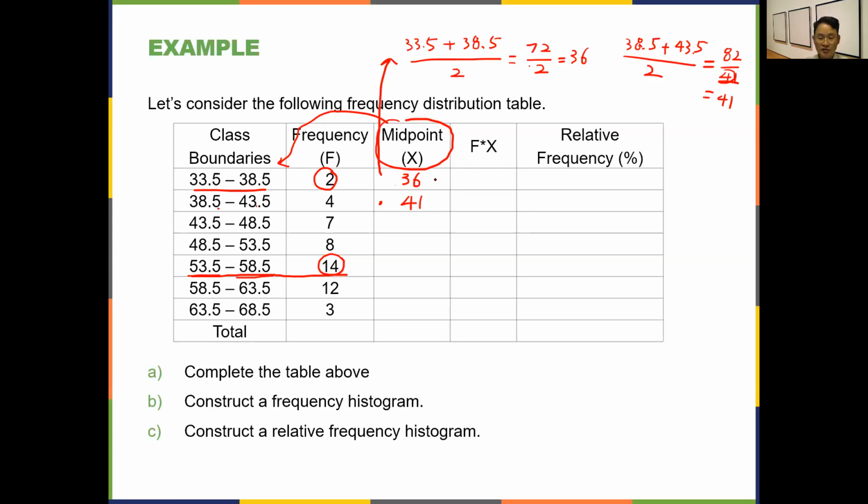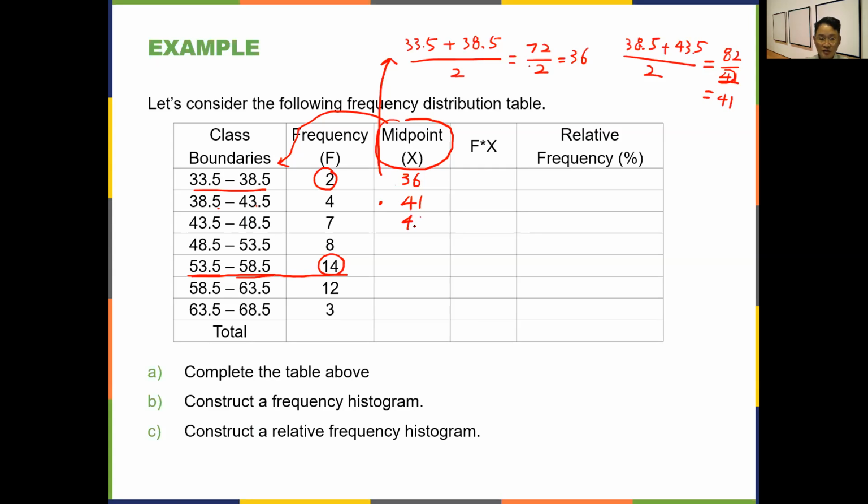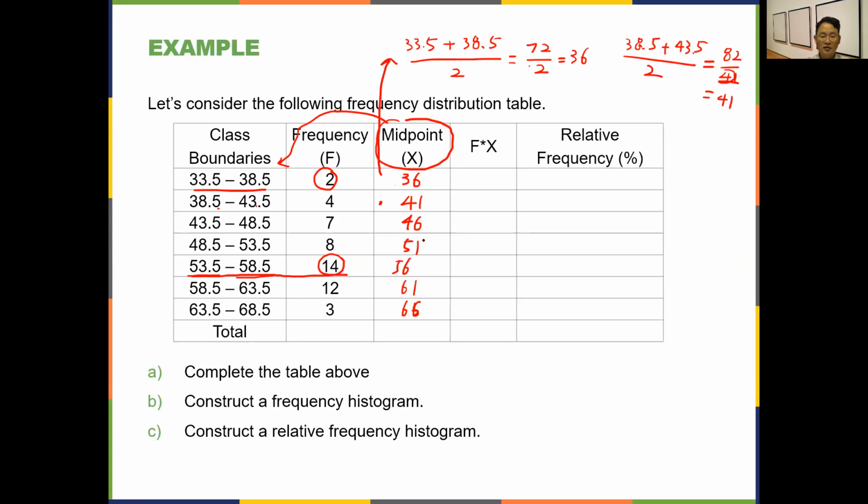And if I just cheat a little bit, this is going to be 46, 51, 56, 61, and 66. Just like that, right? Okay. Now there's also a total that you have to calculate.